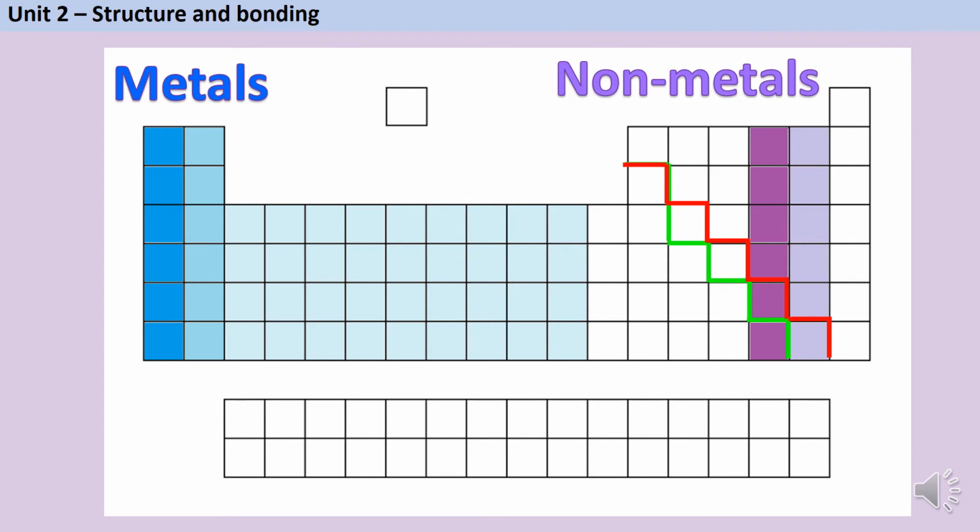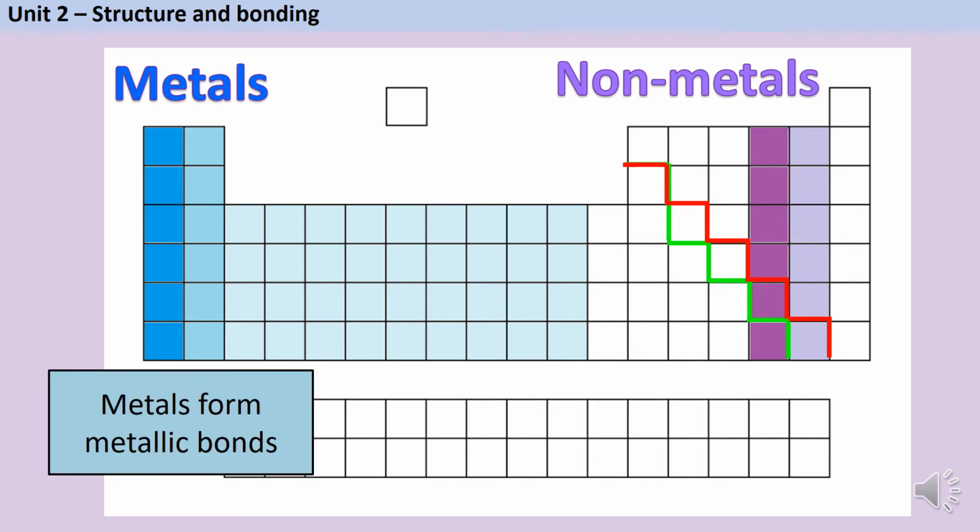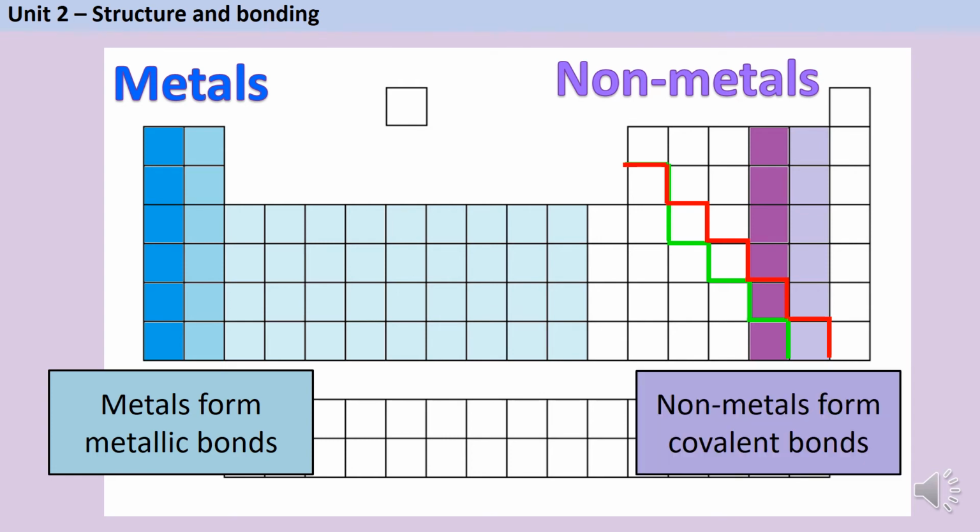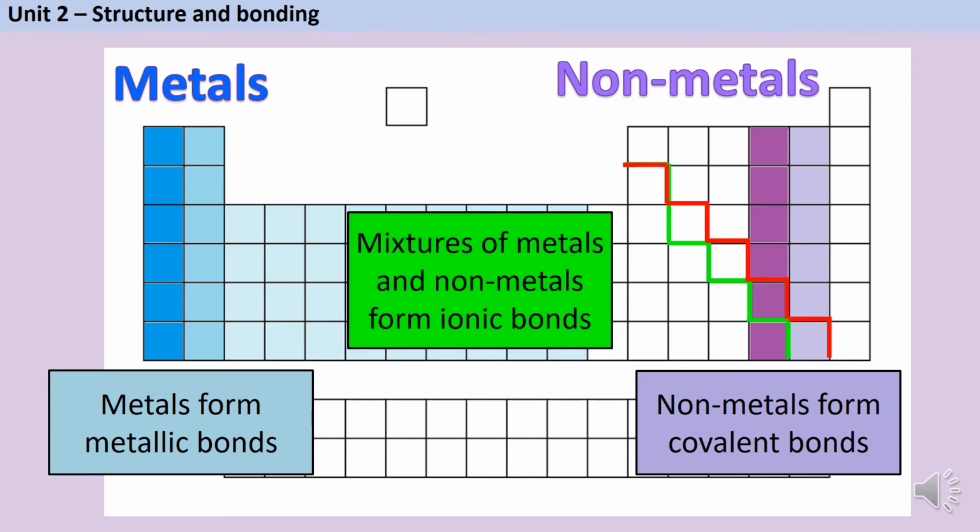And the important thing about whether these substances are metals or non-metals is that metals form metallic bonds. So if you have a substance that only has elements from the left-hand side of the periodic table, it will contain metallic bonds. And then substances that are only made from non-metals form covalent bonds. And where we have a mixture of metals and non-metals, that's where we see the formation of ionic bonds.